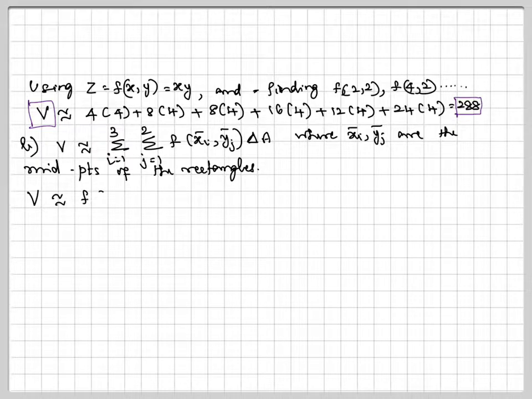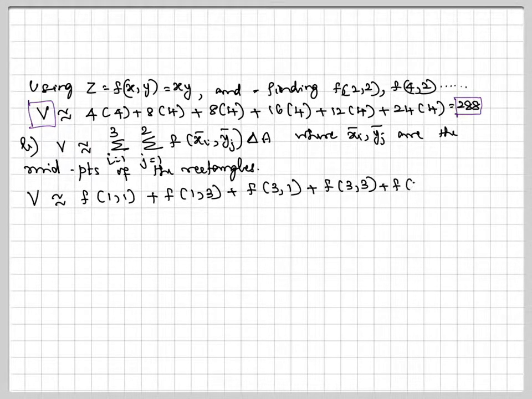So V is approximately equal to f of 1, 1 plus f of 1, 3 plus f of 3, 1 plus f of 3, 3 plus f of 5, 1 plus f of 5, 3, all multiplied by delta A, which is equal to 4.